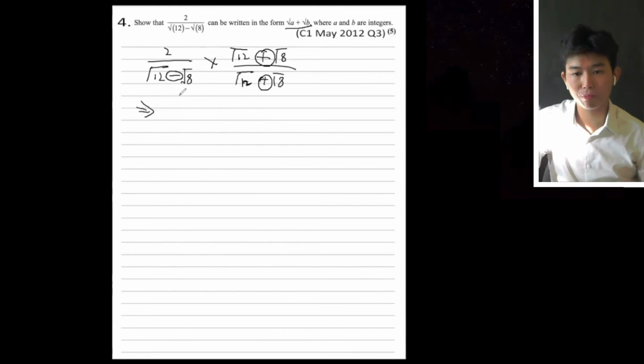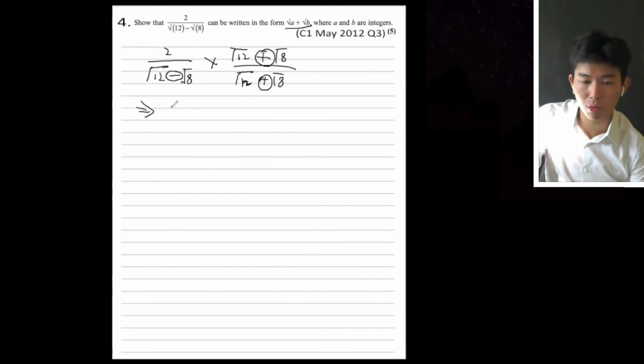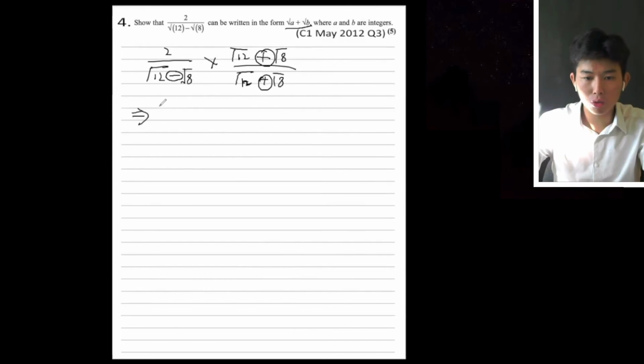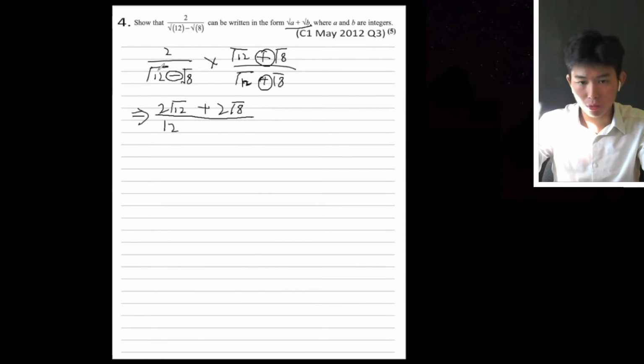So next would be 2 times root 12 would be 2 root 12 plus 2 times root 8 would be 2 root 8 over root 12 times root 12 would be 12, just 12, and root 12 times root 8 would be plus root 96, minus root 8 times root 12, root 96, and root 8 times root 8 will be 8, but there's a minus sign.